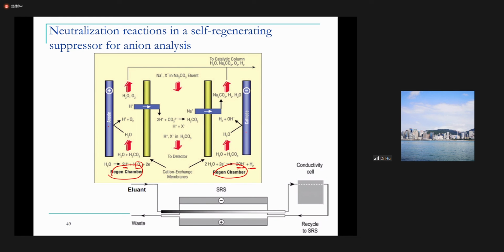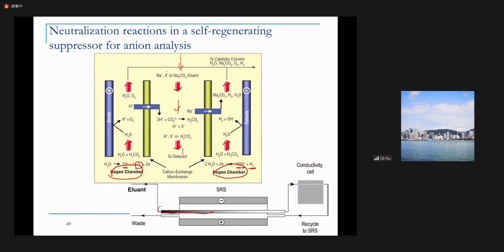Okay, so just like I said, electrolysis. In these two chambers, one converts to hydronium ion, the other is reduced to hydroxy ion. But then in the middle is the reaction. So your eluent goes through in the middle. Here you can see the eluent and your sample go through in the middle.